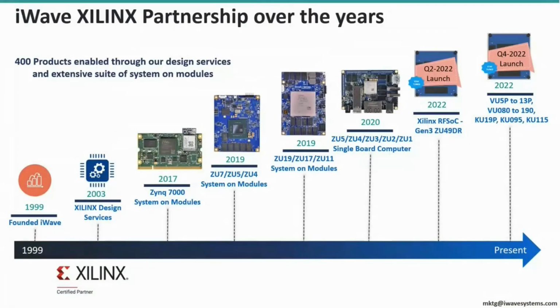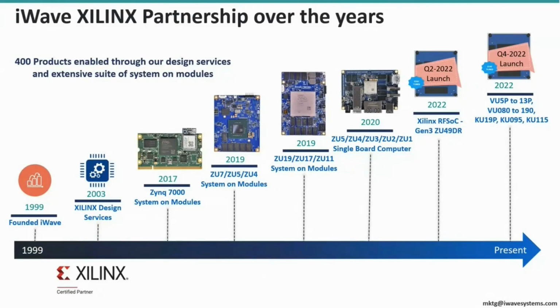Looking at the iWave Xilinx partnership over the years, we started in the year 2003 as a pure play engineering services partner to companies, helping them with hardware carrier board design, or in terms of hardware product design, their RTL and complete software development.